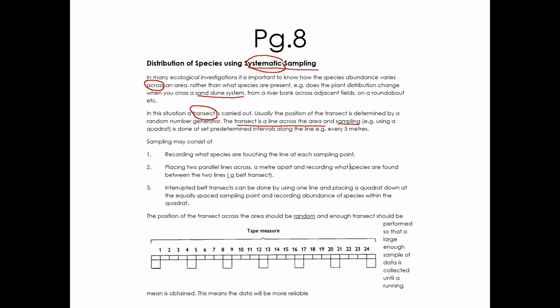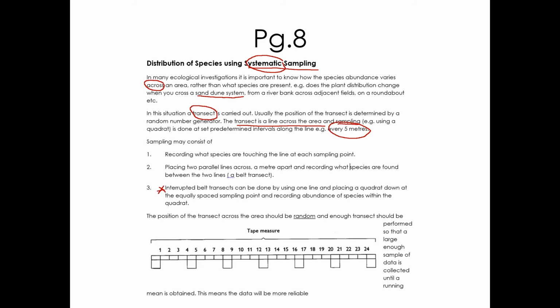So we still use a quadrat, okay, but instead of placing that quadrat randomly within the sample area, we now, along that transect line, place our quadrat at fixed intervals, so systematic intervals. So these are predetermined intervals, for example, every 5 meters. Okay, so that is the main method that we use, and it's called an interrupted belt transect.